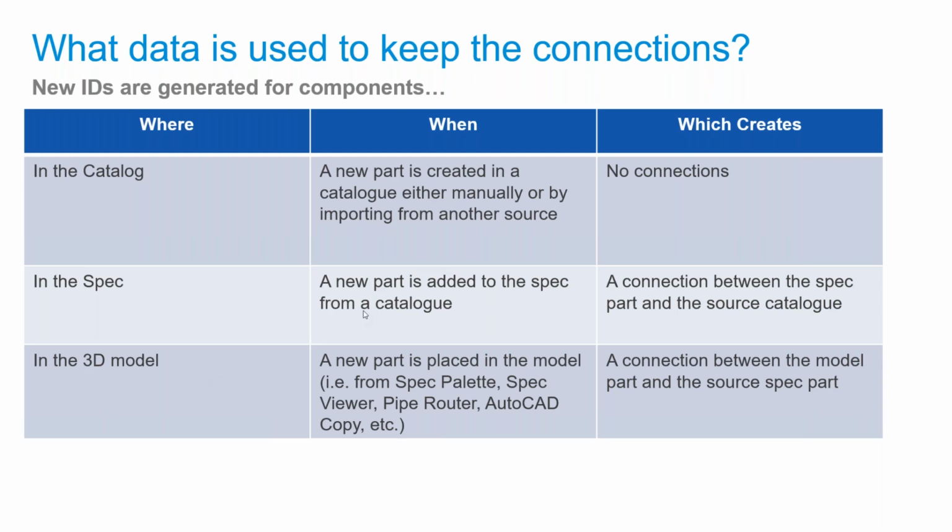And I know that sometimes you get the impression, or you have problems, updating a spec from the catalog. Before you decide to delete this family, please try differently. For example, you want to update a spec family from the catalog, but it's just not happening. You change something in the catalog, but it's not updating in the spec.